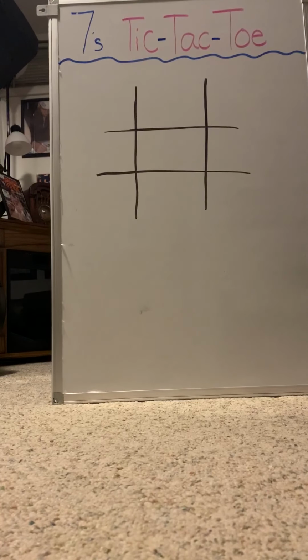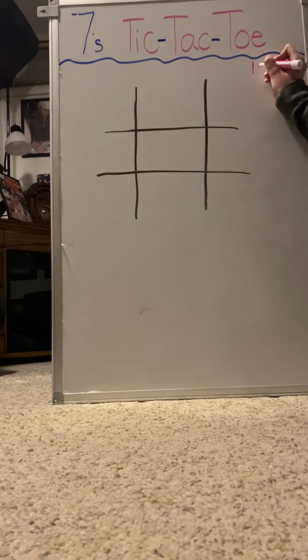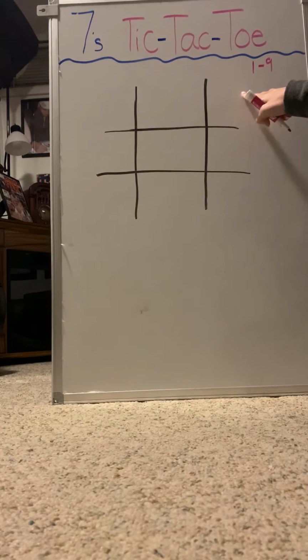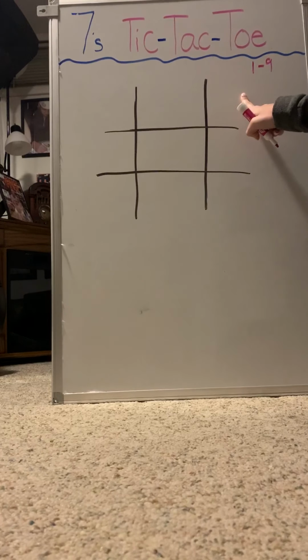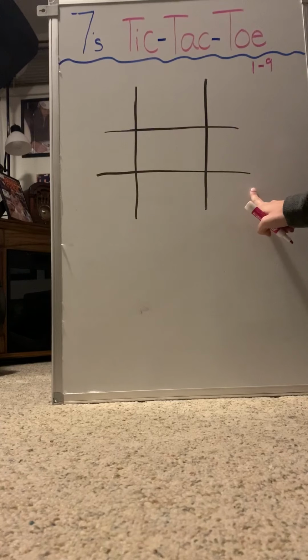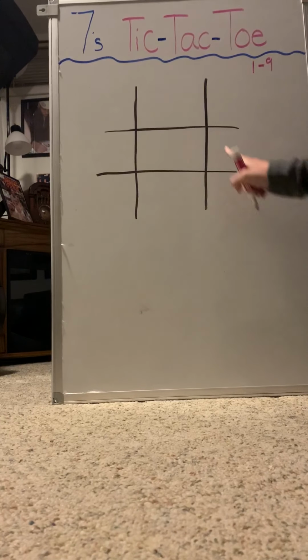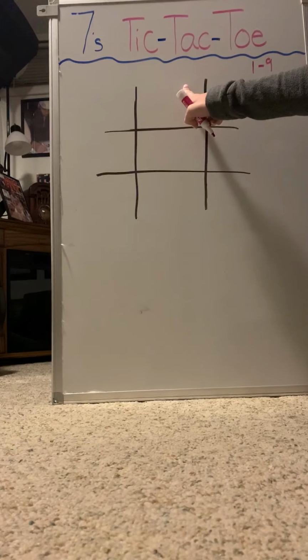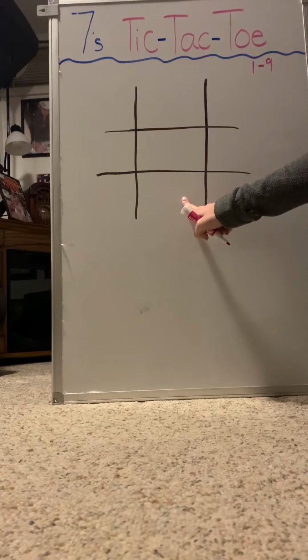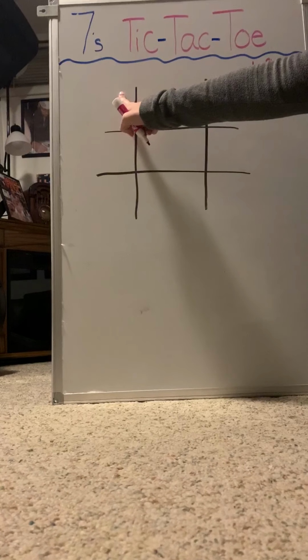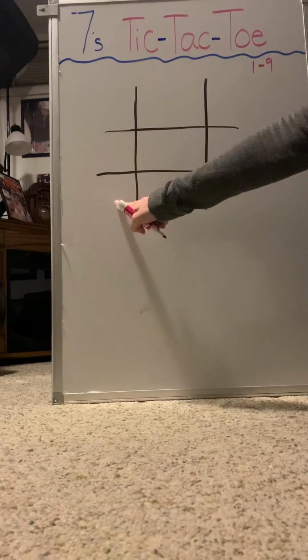So the first thing I'm going to do is write numbers 1 through 9. I'm going to start over in my top left hand corner and go down. Then I will move over to the next, and I will start at the top, go down, move over to the very last one, start and go down.